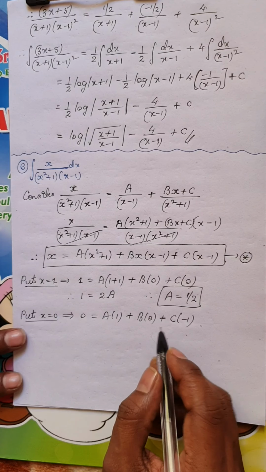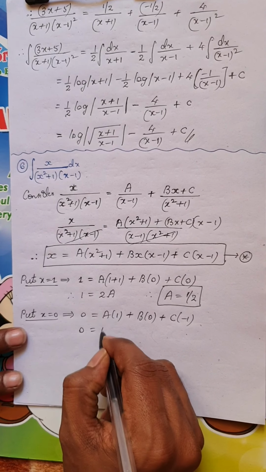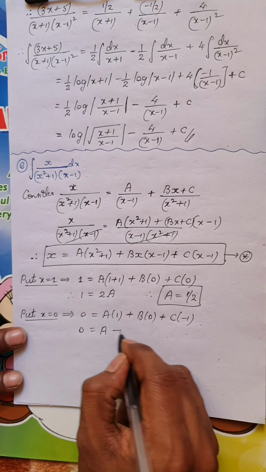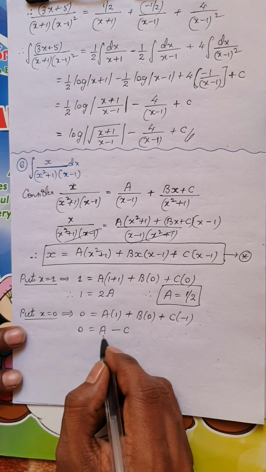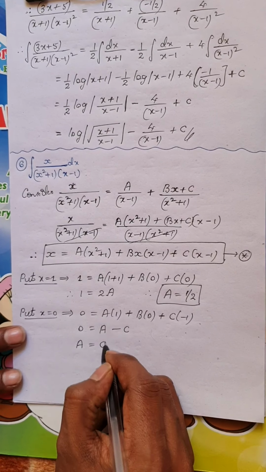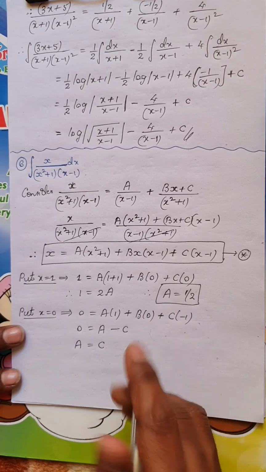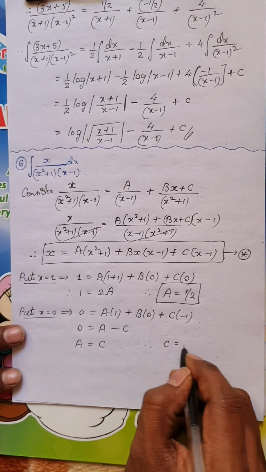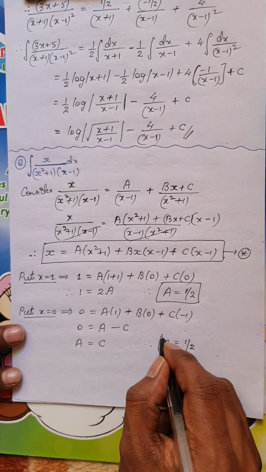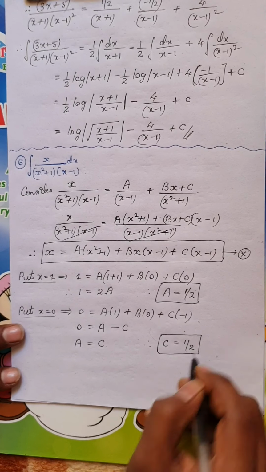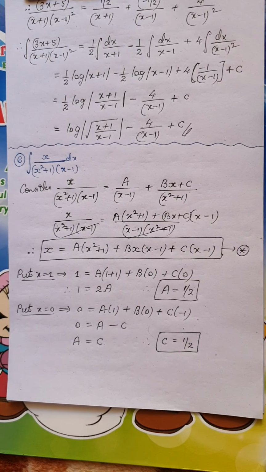So, 0 is equal to a minus c, or a is equal to c. Because a is half, therefore c is also half.